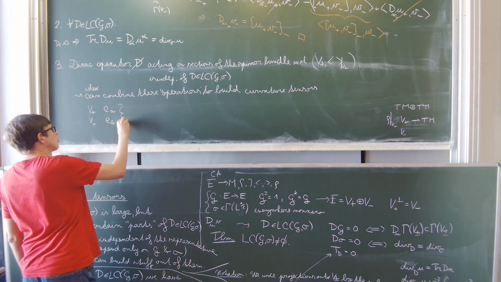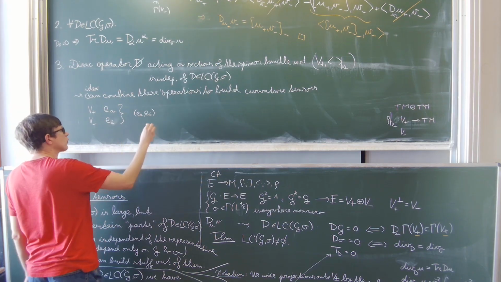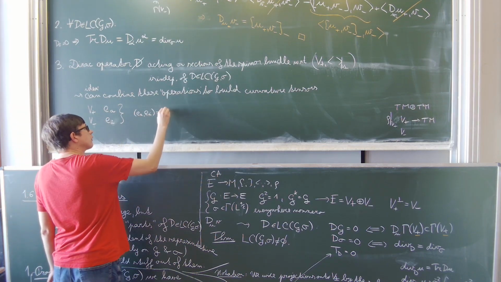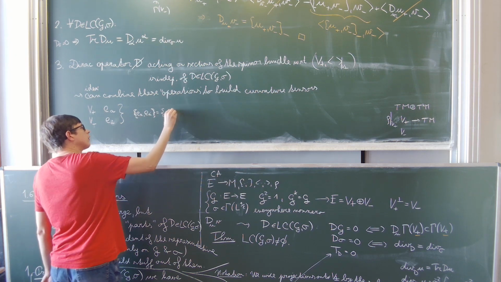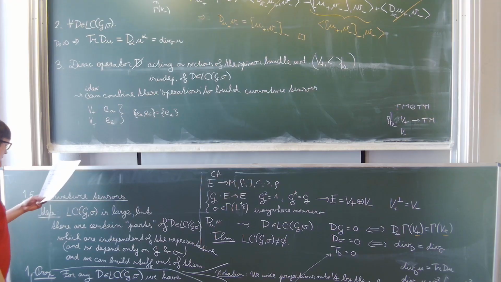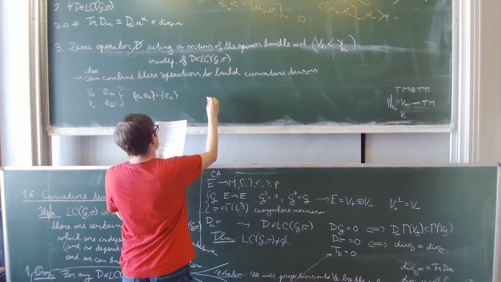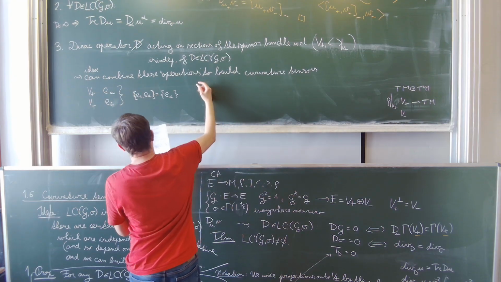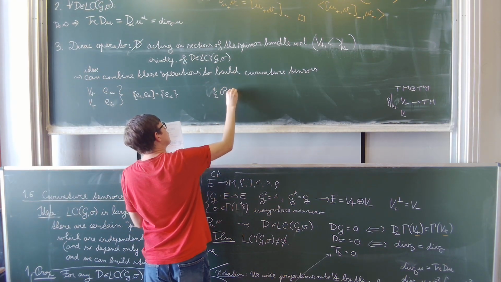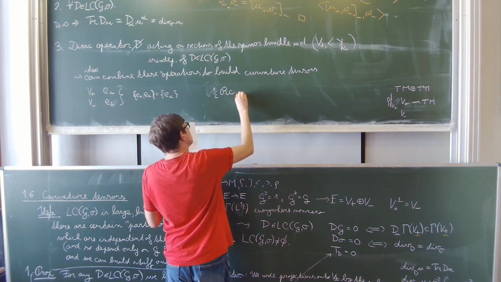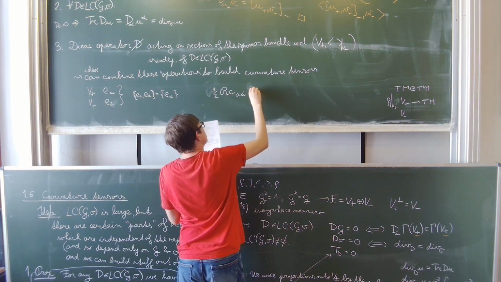Together these form an adapted basis, which I will call E alpha, just to separate plus from minus. And then one can define the Ricci tensor, which I will call RC, the generalized Ricci tensor, by this kind of trick.